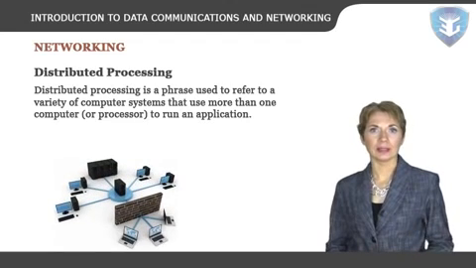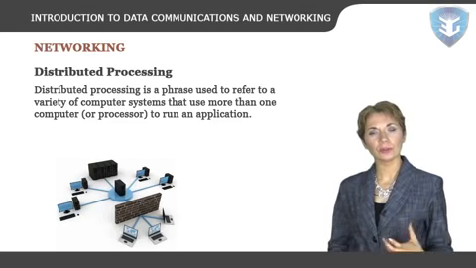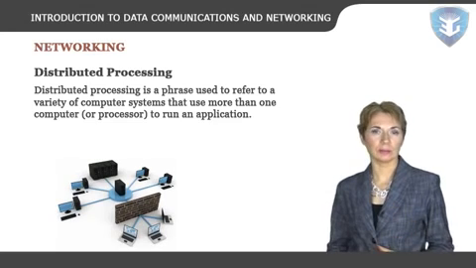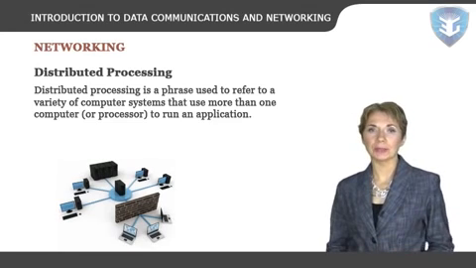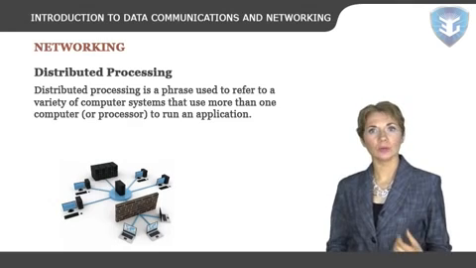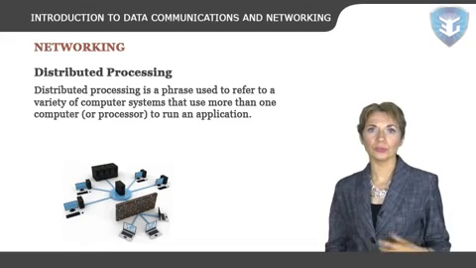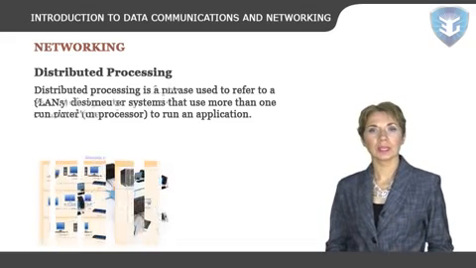Distributed processing. Distributed processing is a phrase used to refer to a variety of computer systems that use more than one computer or processor to run an application. This includes parallel processing, in which a single computer uses more than one CPU to execute programs.